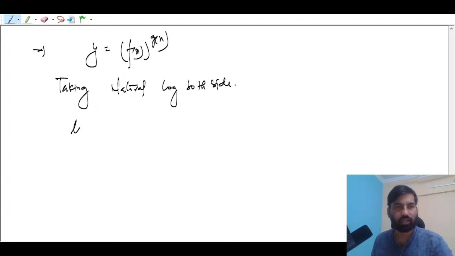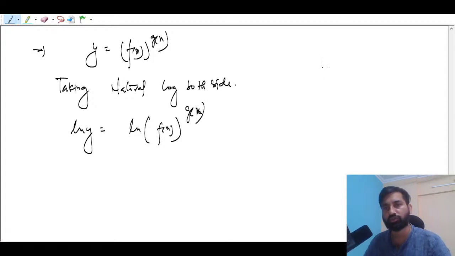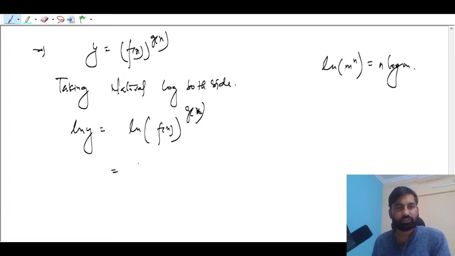You can take ln y equal to ln of f(x) to the power g(x). Now you can use ln m to the power n equals n log m. So this can be written as g(x) times ln f(x), right? And this is nothing but ln y.